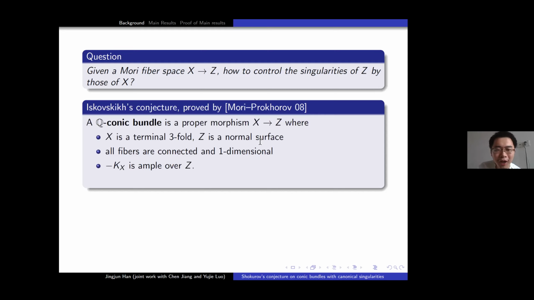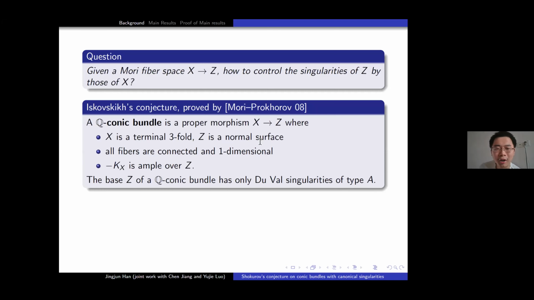All fibers are connected, and the dimension of all the fibers is equal to 1, so there are no fibers of higher dimension. And minus K_X is ample over Z.